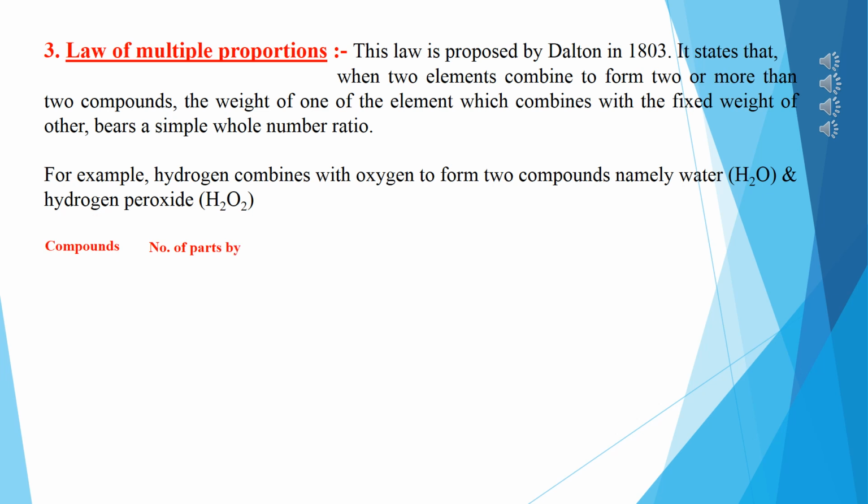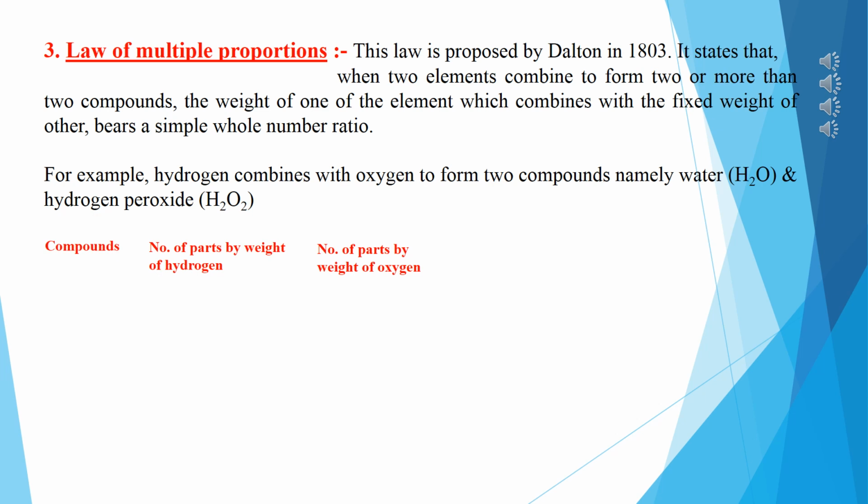So here, first the number of parts by weight of hydrogen, and second the number of parts by weight of oxygen. After that, fix the weight of one of the elements.